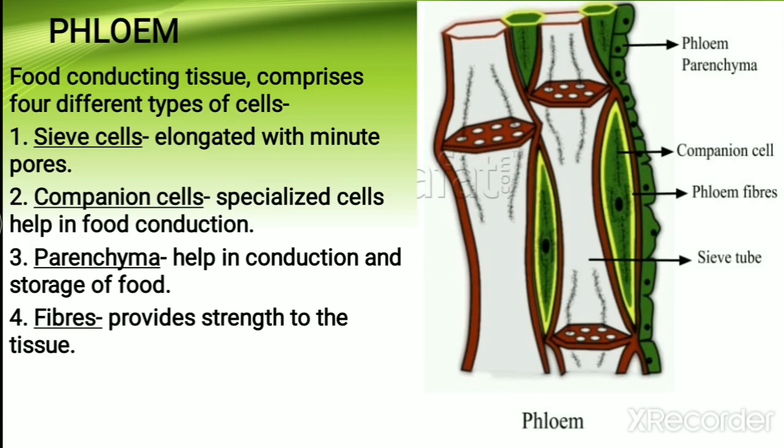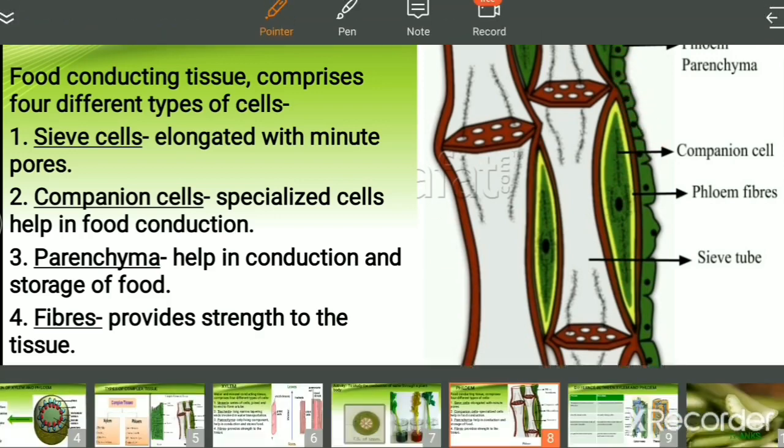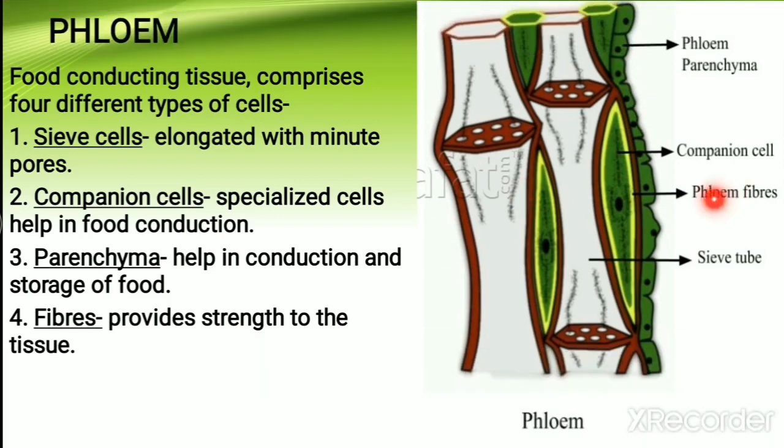And just near the sieve cells you can see the companion cells. They are also specialized parenchymatous cells which will also help in food conduction. And again here the phloem parenchyma will store the food material, and the phloem fibers will provide mechanical strength to the phloem tubes. So the structures of xylem and phloem are clear to all of you.